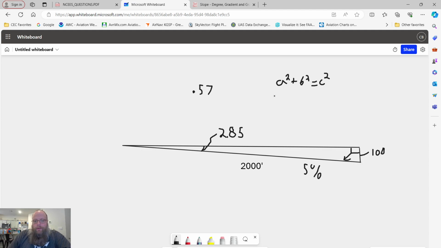So once we plug these numbers in, you have 100 squared plus x squared, which is our unknown, which is the side over here we're solving for. Let's make that x, because I like that variable. And c, which is always your hypotenuse, is 2,000 squared.